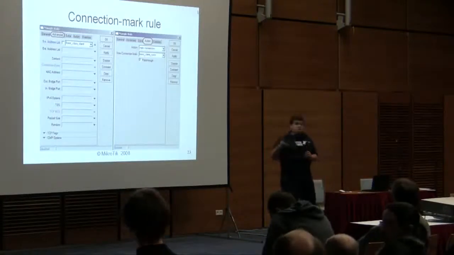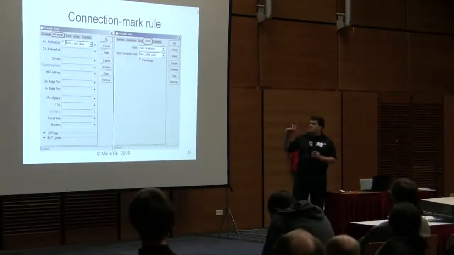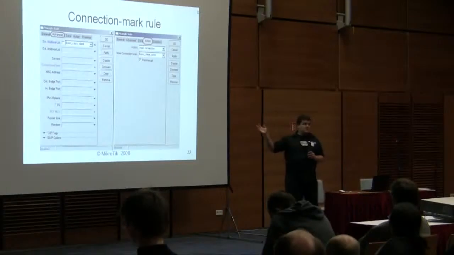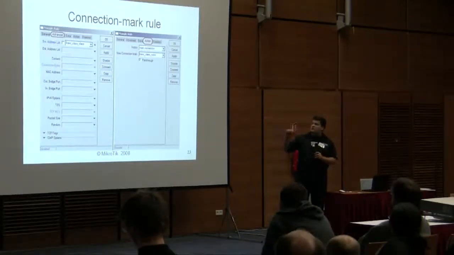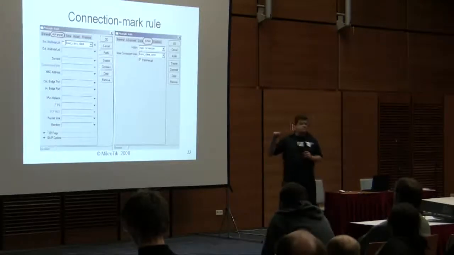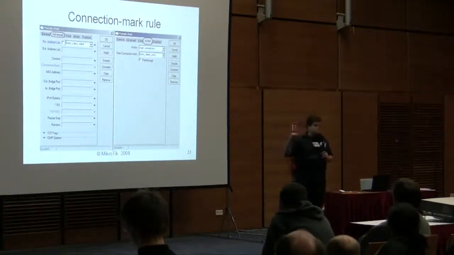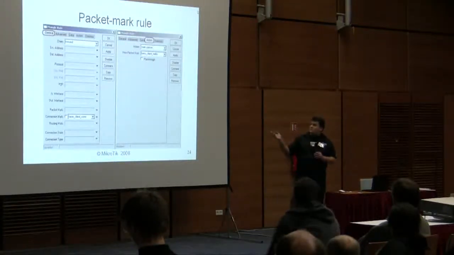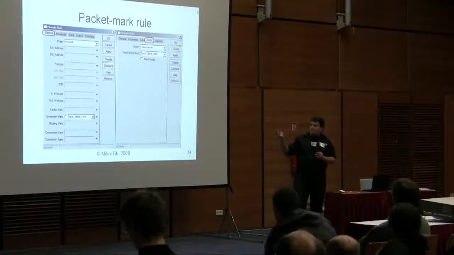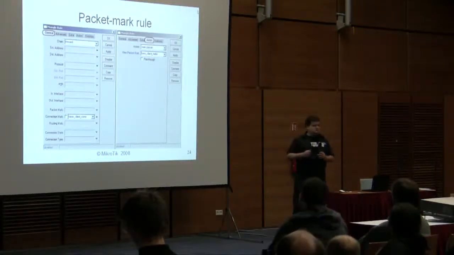As I told you already at the beginning, I will show everything that I'm doing. So this rule over here marks all the connections for basic clients. This rule over here marks all packets from basic client connections.